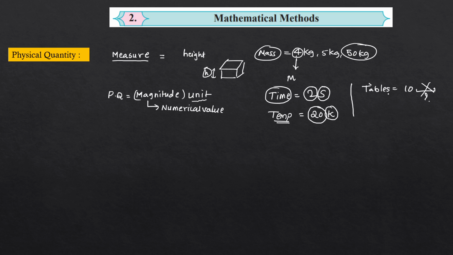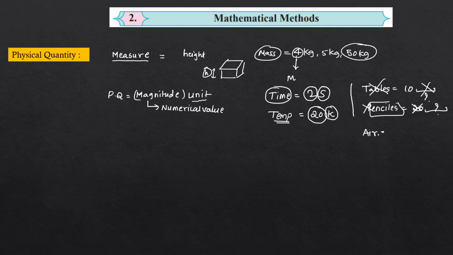If I say pencils, how many pencils are there? 20 pencils. There is no unit. So 20 is the magnitude, but there is no unit, hence pencil is not a physical quantity. If I say air, what is the answer?